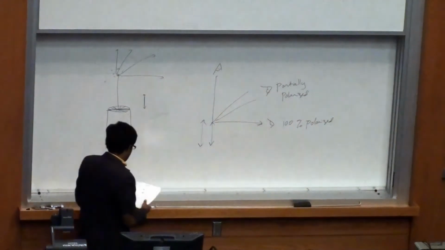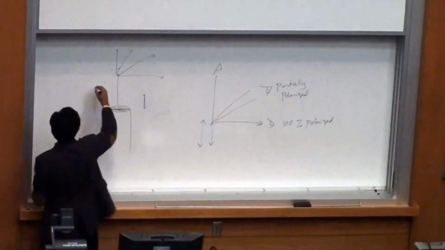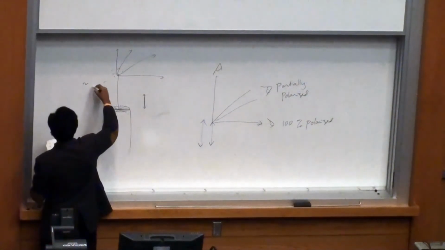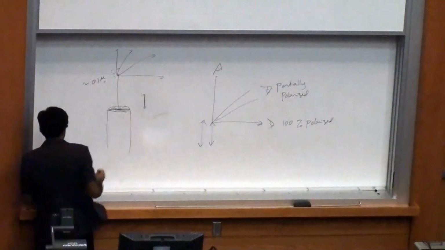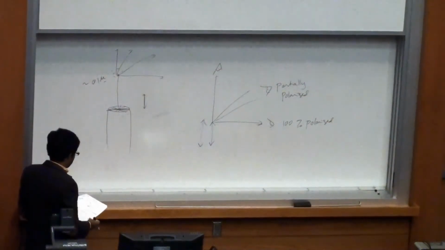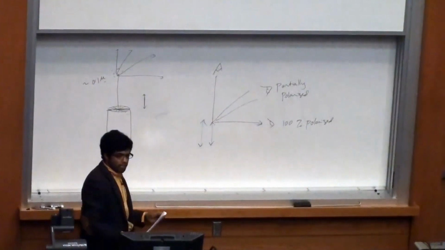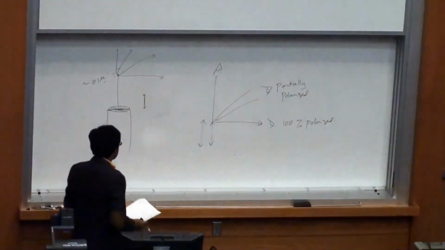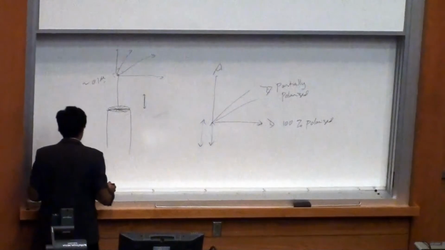So, like I said, the particles you need are approximately 1/10 of a micron to scatter. And the probability of blue light scattering is much higher than the probability of red light scattering.